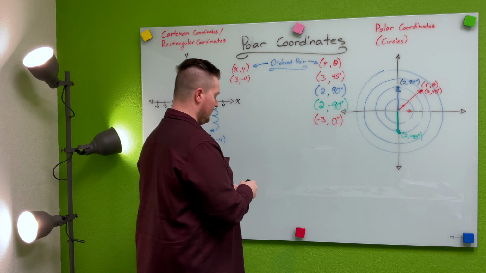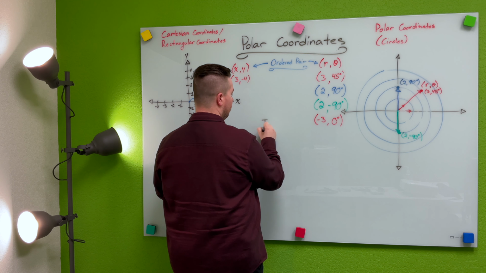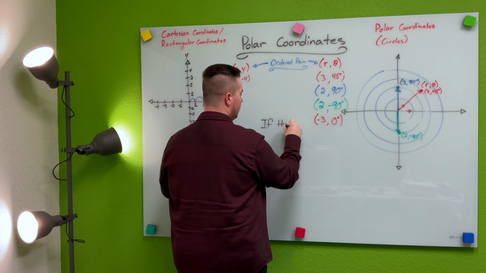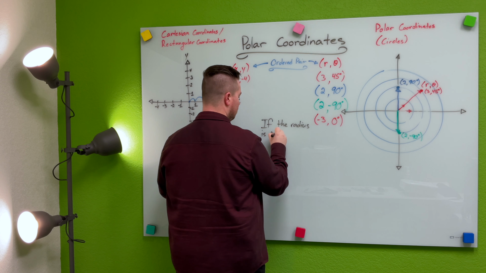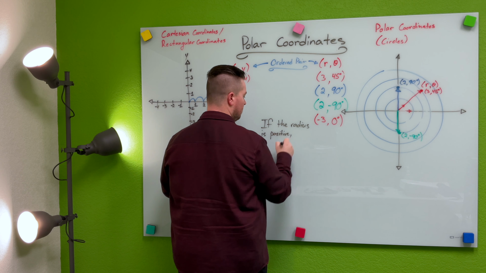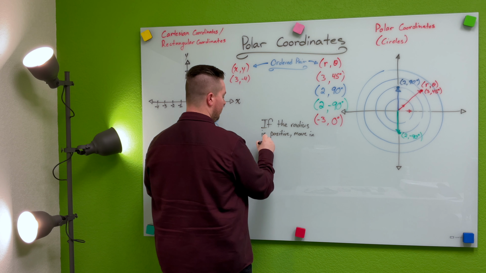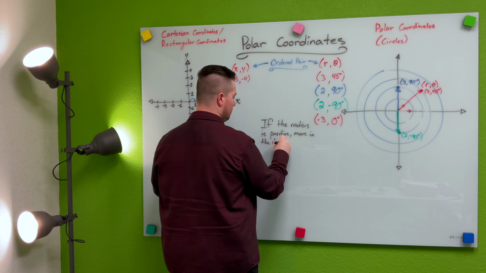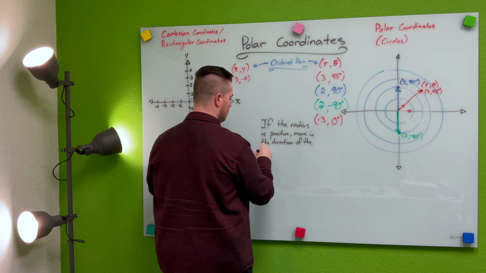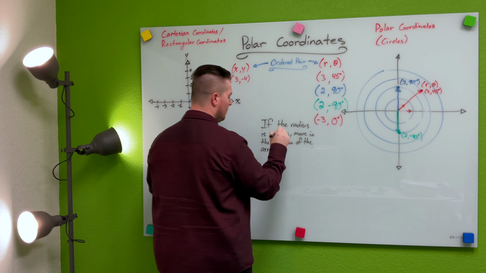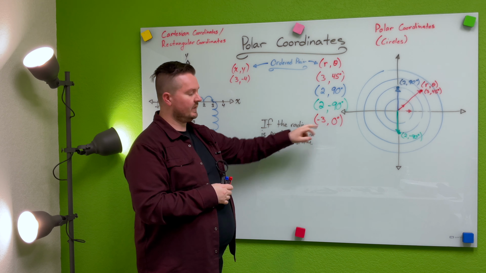Well, now what we want to say is, if the radius is positive, we move in the direction of the arrow. But what's new is, what if our radius is negative?